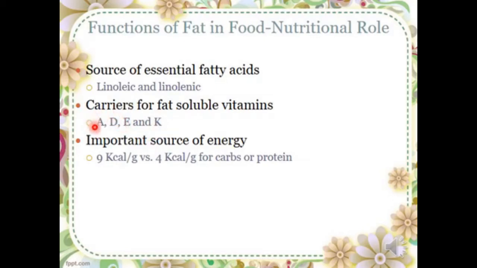Without fat, how can your body absorb these four vitamins? So you need fat. And of course, the third reason is that fat is a source of energy. It supplies 9 kilocalories for every gram, versus only about 4 kilocalories per gram if you take carbohydrate or protein.